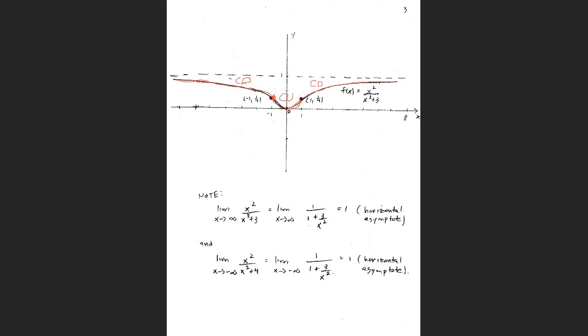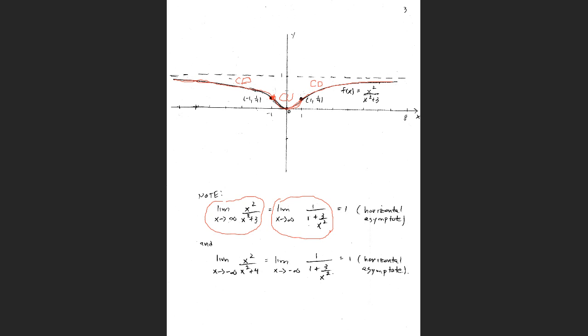Now, in regards to the asymptotes, I have a little note here at the bottom. This is something you did in pre-calculus. There are horizontal asymptotes here, because if we look at the limit of our function, x squared over x squared plus 3 as x goes to infinity, well, that can be written as the limit as x goes to infinity, by dividing by x squared in the numerator and denominator, of 1 divided by 1 plus 3 over x squared.